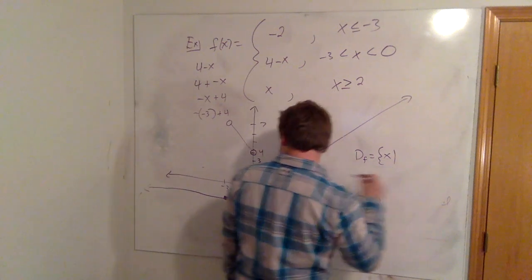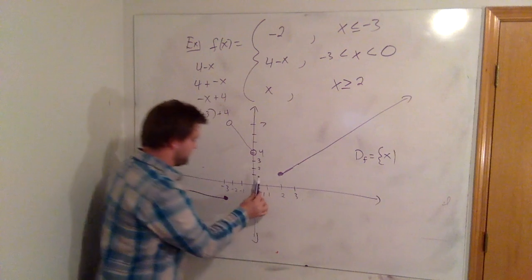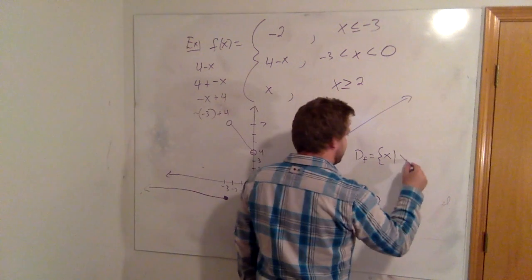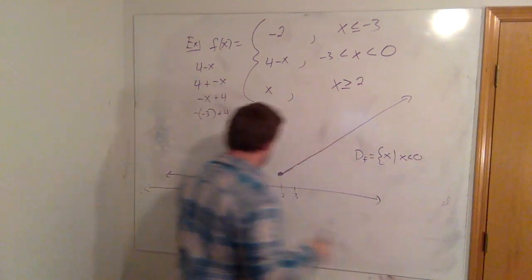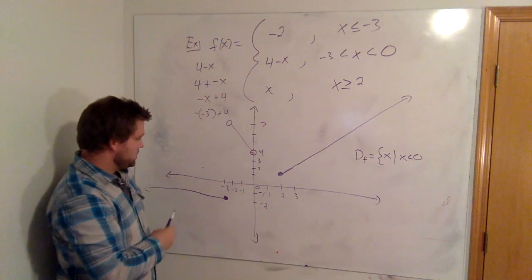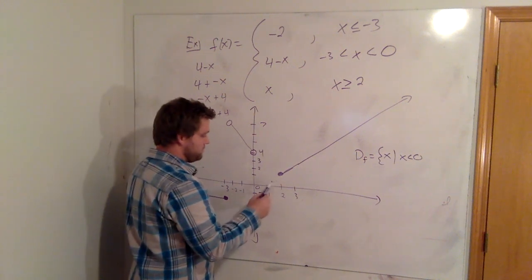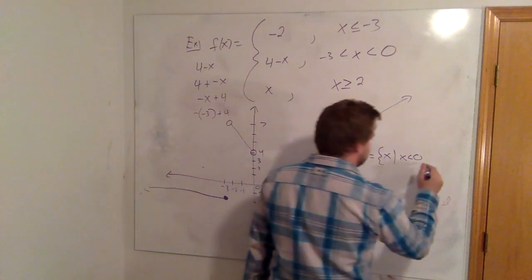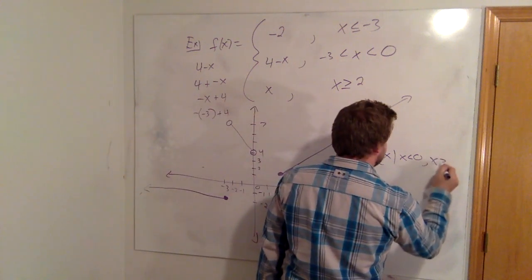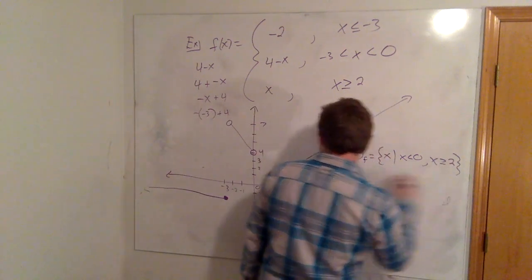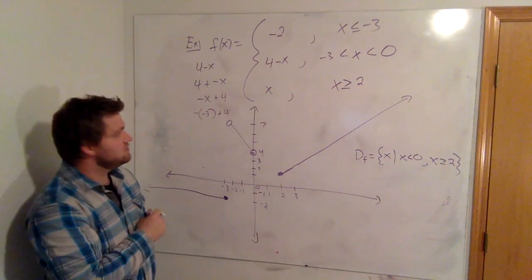So anything x strictly less than 0, I'm getting outputs. I'm not getting any outputs between 0 and 2. But if I'm plugging in values x bigger than or equal to 2, I will get outputs. So this is the domain of the function.